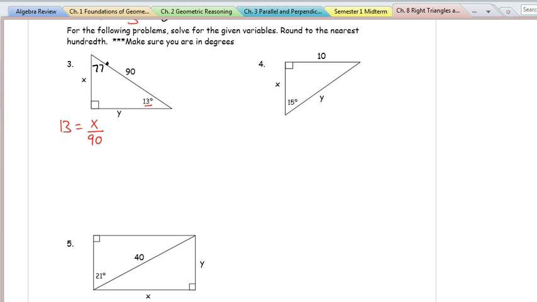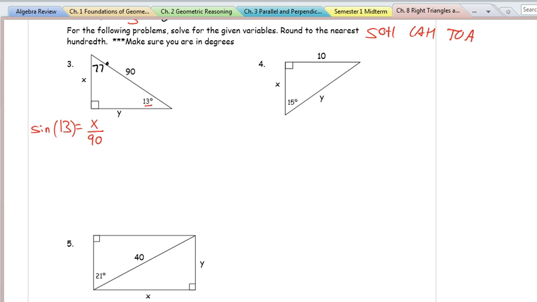So what is opposite over hypotenuse? I'll put this over here: SOH, opposite over hypotenuse, is the sine. Sine of 13 equals x over 90. What this allows us to do is figure out, based on that ratio, what side x would be.